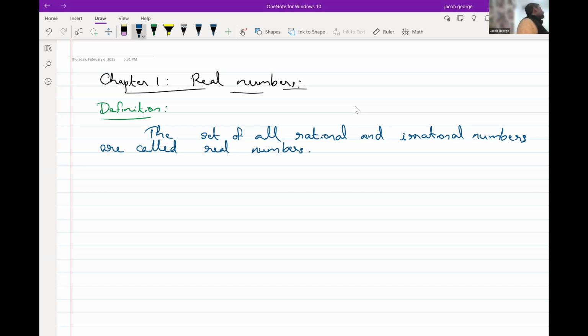Okay, the set of all rational and irrational numbers are called what type of numbers? Real numbers. Okay, so now you try it. What are rational, what are irrational again? Next, prime number and composite number that we use in the first definition.